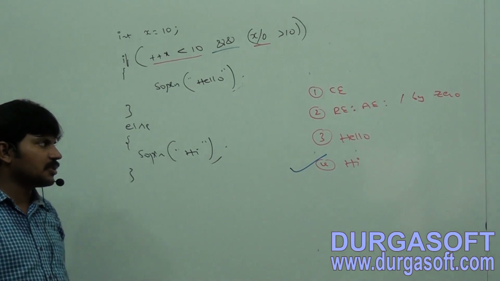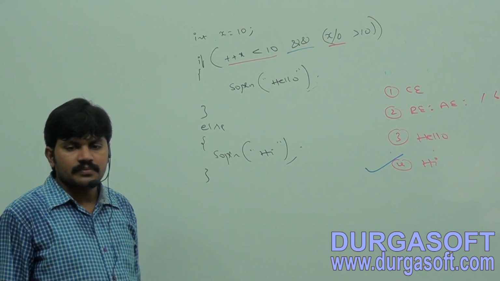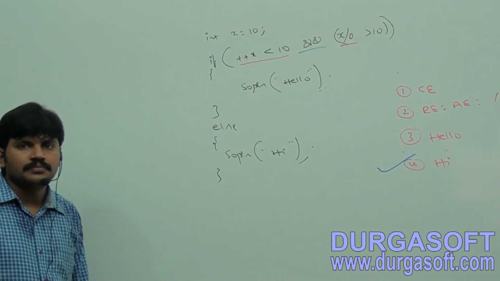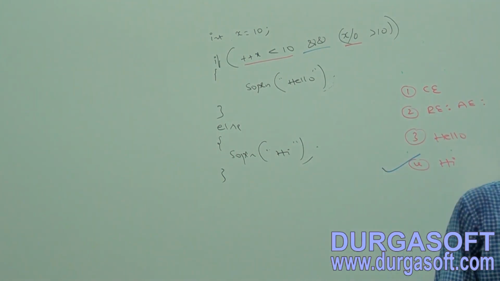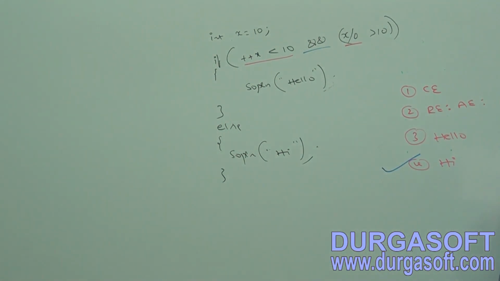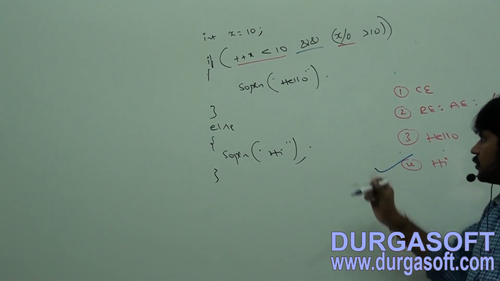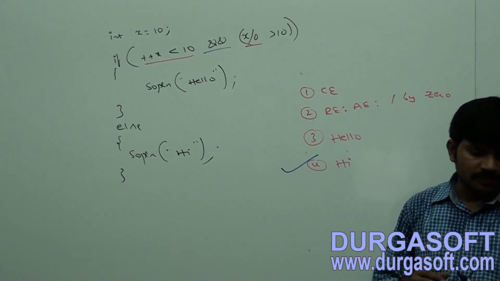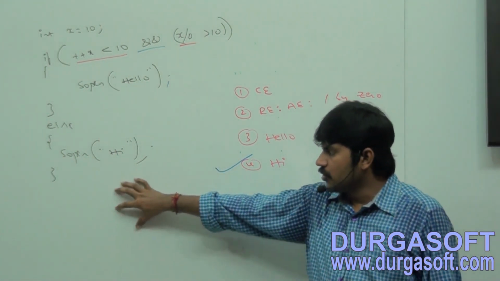Runtime exception, arithmetic exception, division by 0, hello, hi. Get the point well. So hi itself is the answer. Let me add one theory below this.